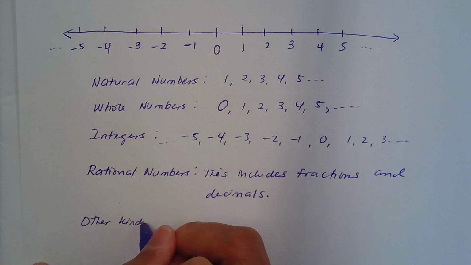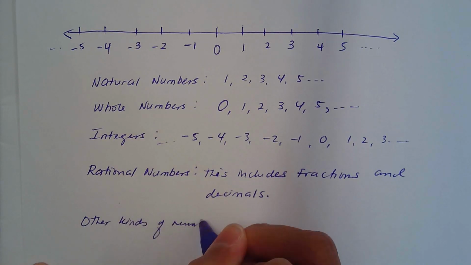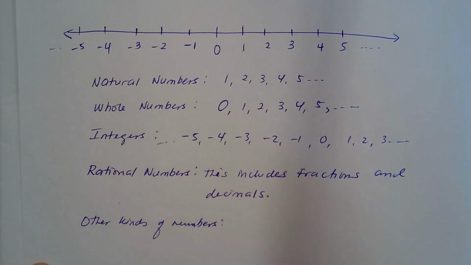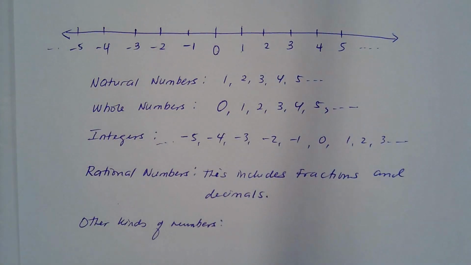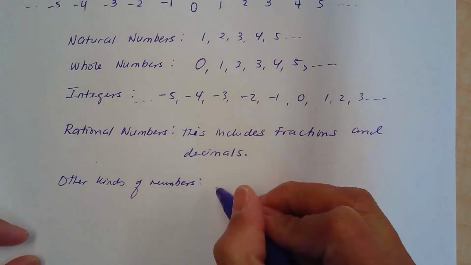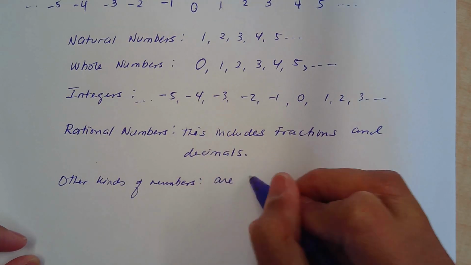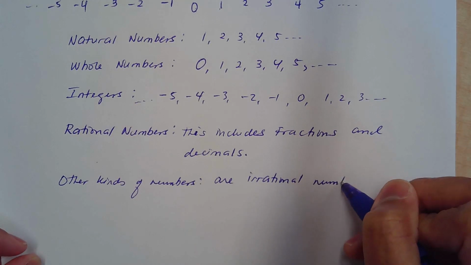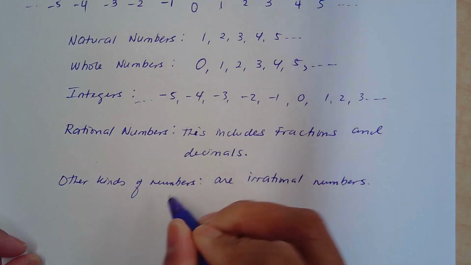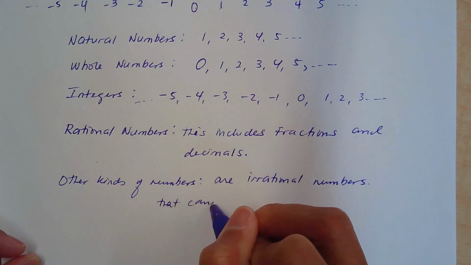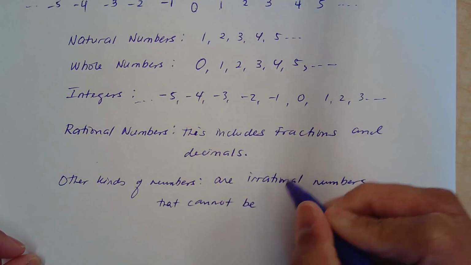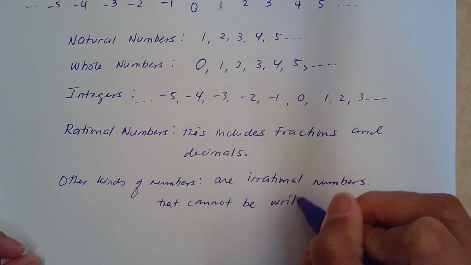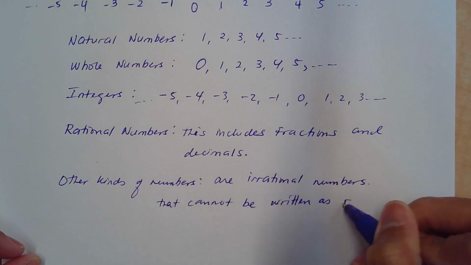And then there are other kinds of numbers, which are irrational numbers. These are the numbers that cannot be written as fractions.